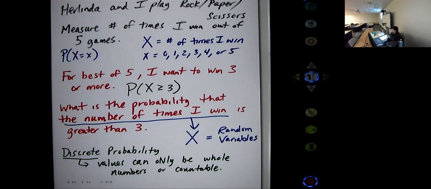When we have stuff that isn't whole numbers, like in between, that tends to be when we're working with continuous data, and that will be chapter 7.